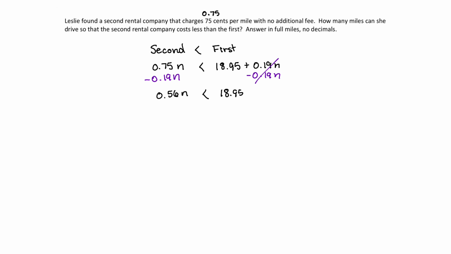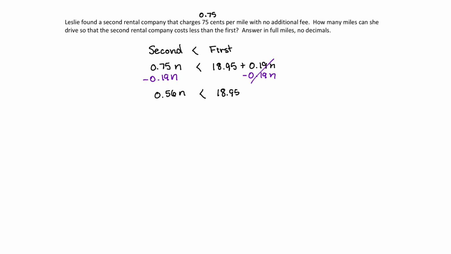Now we want to divide by 0.56, the coefficient, right? And we get n is less than 33.839285, whole bunch of others.